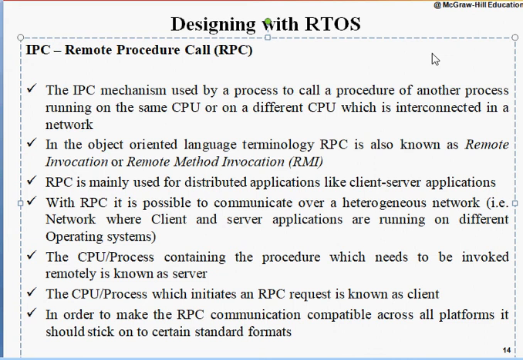In this case, there will be two systems, and one process belonging to one system or one machine wants some information or services which are present in some other machine or some application.